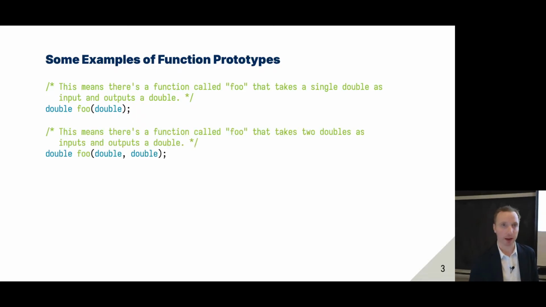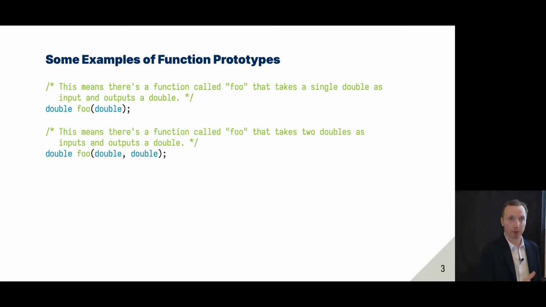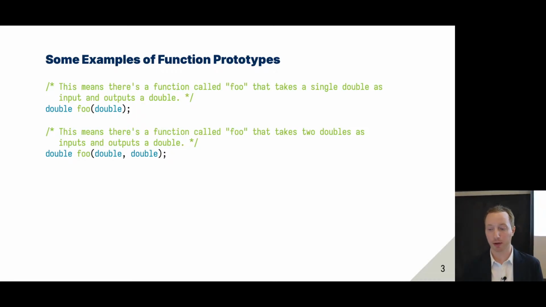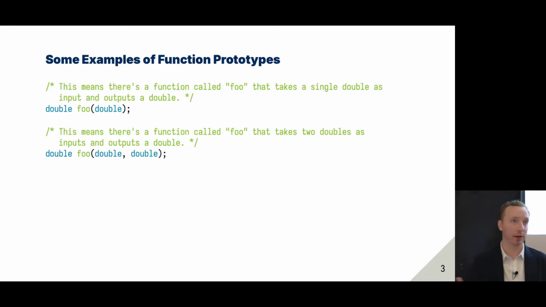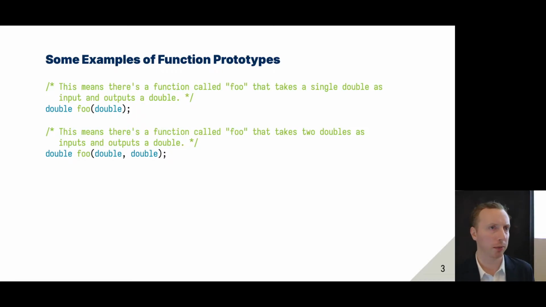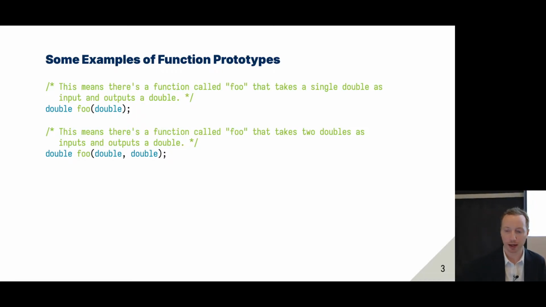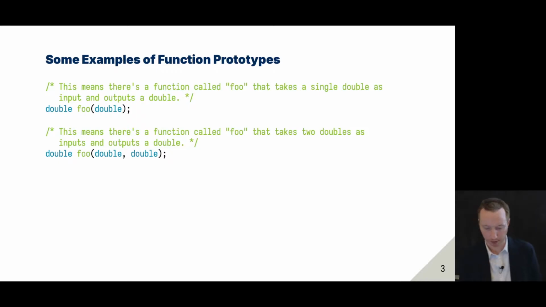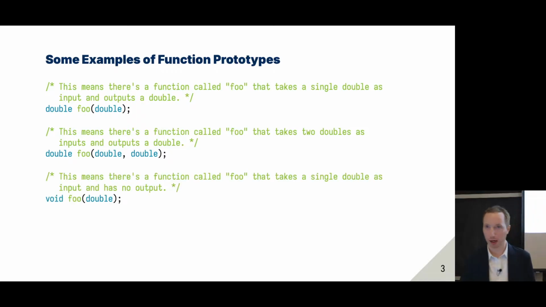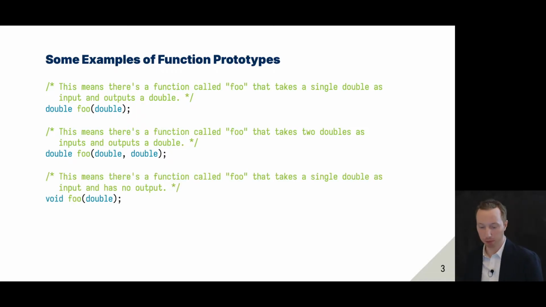If I have double foo, double comma double, that means the function is called foo. It takes two doubles as inputs, or there are two double arguments if you want to say it like that, and it outputs a double. I could also have void foo double.